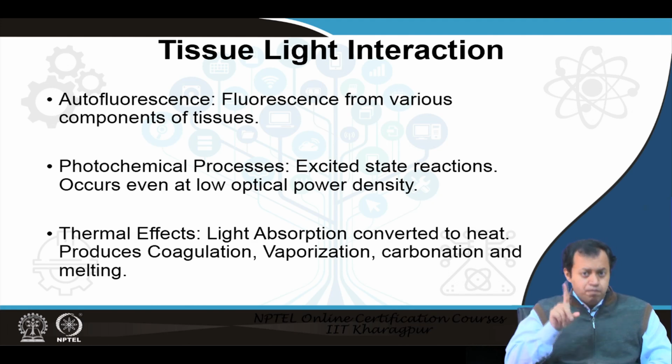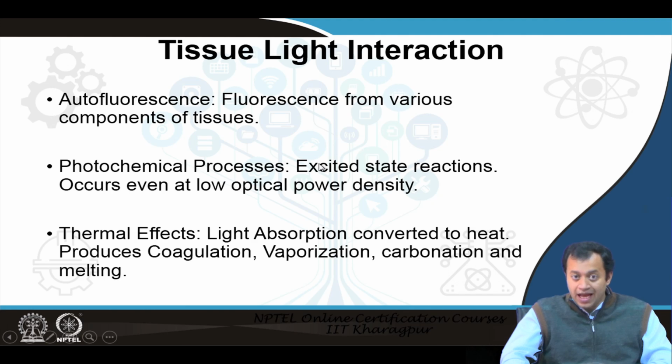The one important thing that you have to keep in mind with photochemical processes is that it is low optical power density, right. So even when your incident light is of low power, you cannot guarantee that no photochemical changes are taking place. So you have to be aware of that.